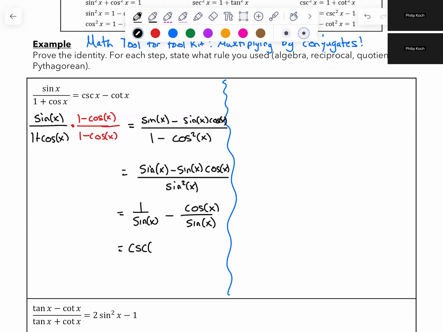Every s gets a c, so that's cosecant of x. And then cosine over sine is cotangent. And that's exactly what we wanted. We wanted to get to the right-hand side, which was cosecant x minus cotangent of x. So that's something we can do.